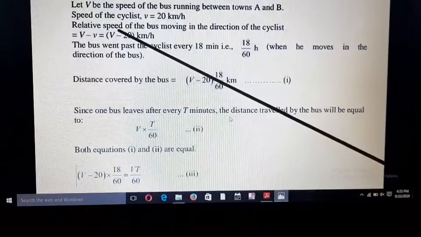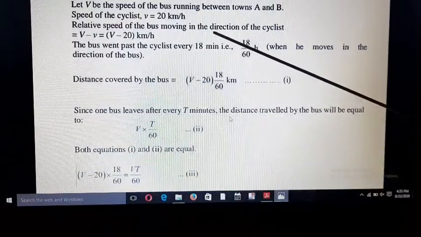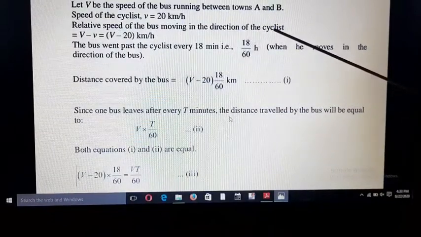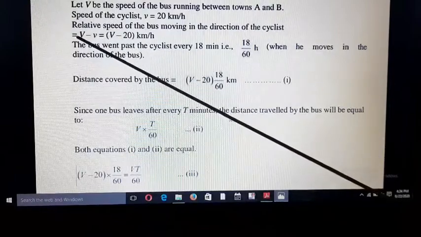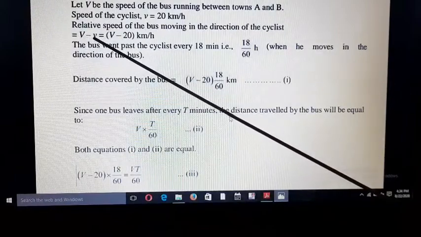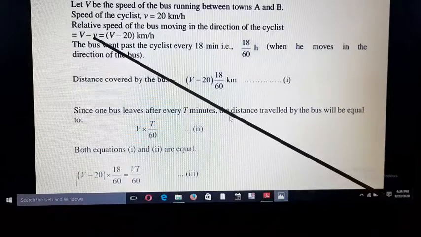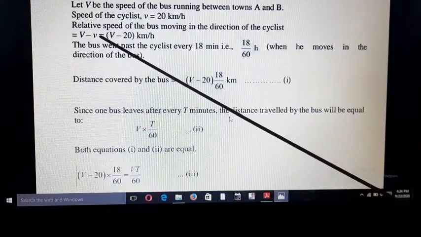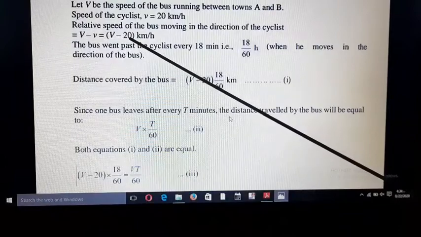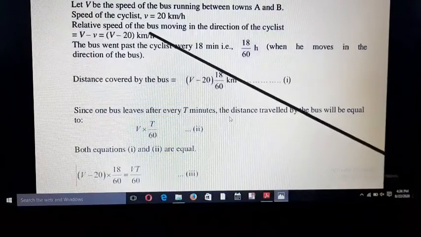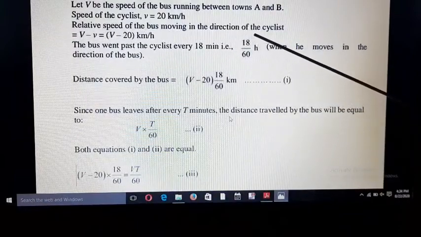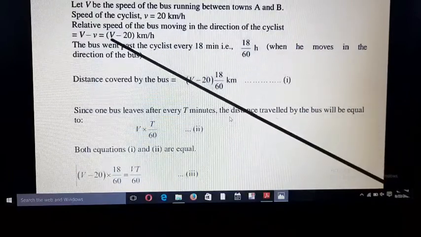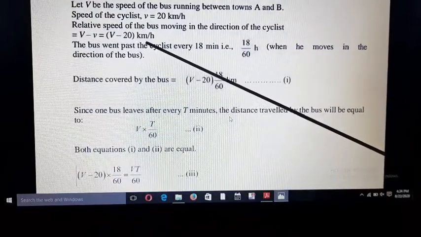So the relative speed of the bus moving in the direction of the cyclist means capital V minus small v, so we can write V minus 20 km per hour.